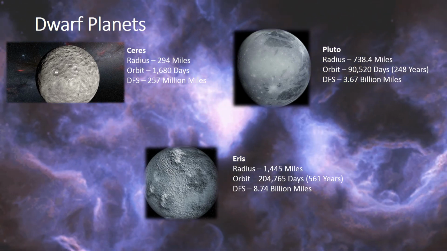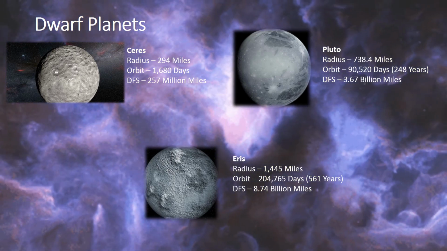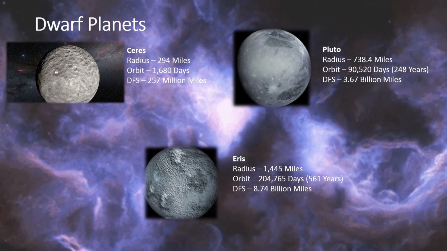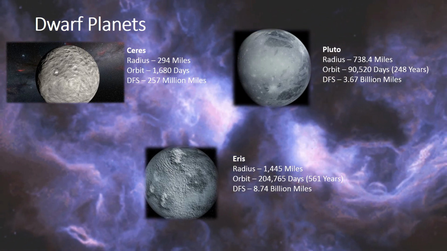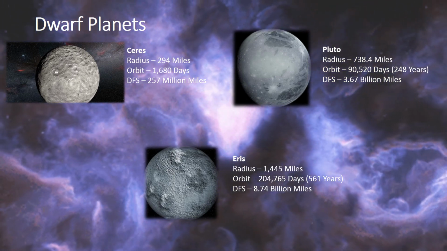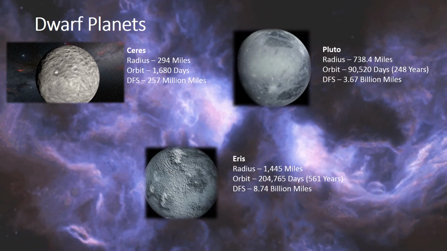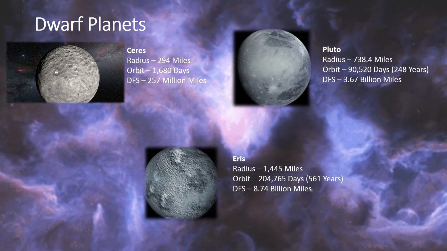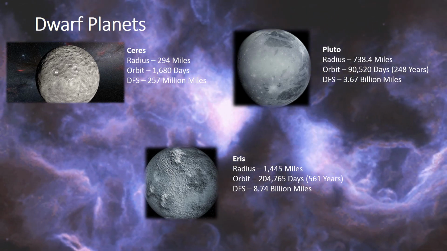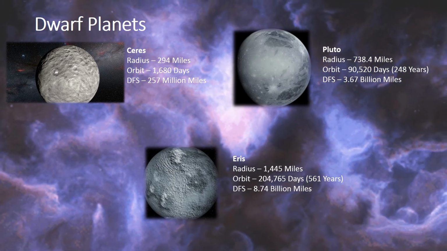Okay, so you see, Eris is the largest dwarf planet. Its radius is 1,445 miles, and diameter is obviously about 3,000 miles. Okay, but if you look at the orbit, it takes Eris 561 years to orbit the sun, and it's 8.74 billion miles from the sun.